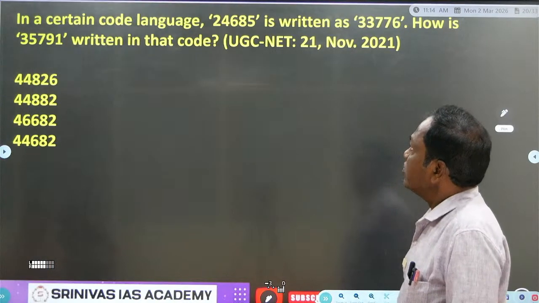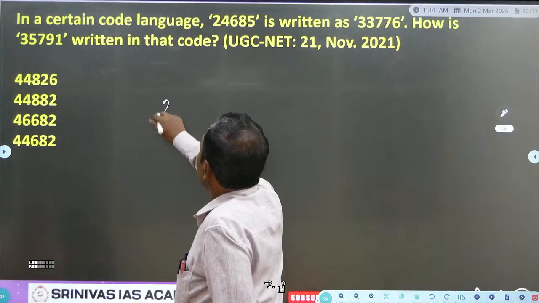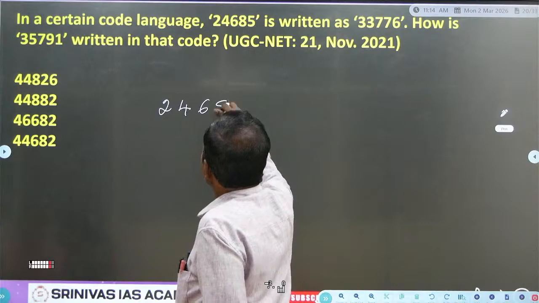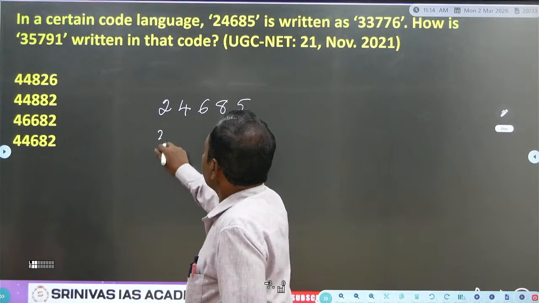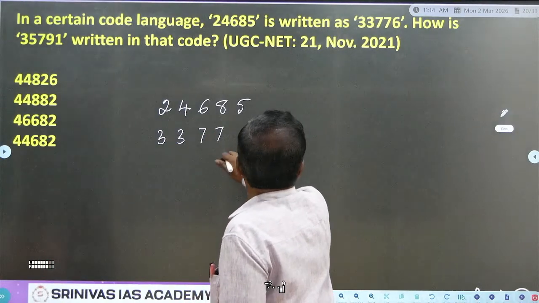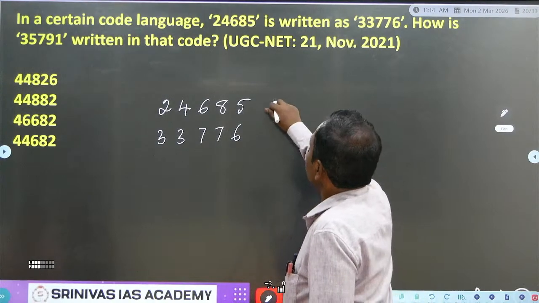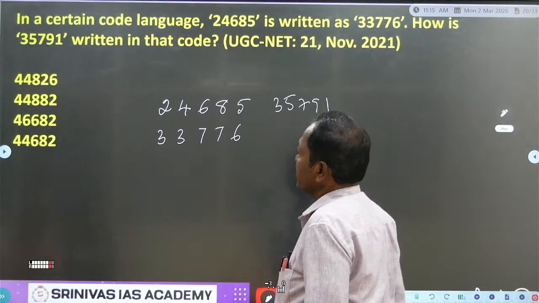Next, in a certain code language, the number 2 4 6 8 5 is written as 3 3 7 7 6. How is 3 5 7 9 1 written in that code?